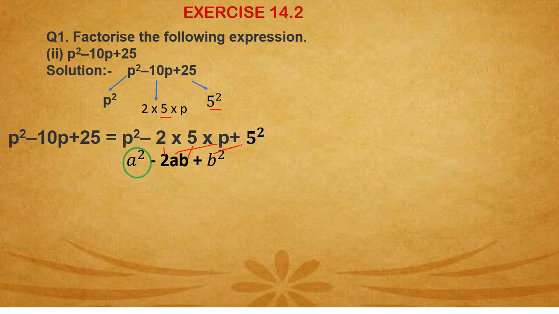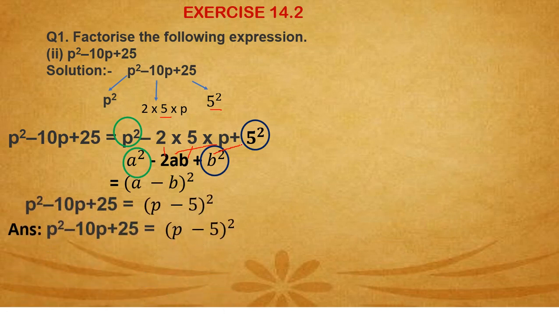So here a square is p square, b square is 5 square. So on comparing this, we know the identity a square minus 2ab plus b square is a minus b whole square. So here we can write p minus 5 whole square.